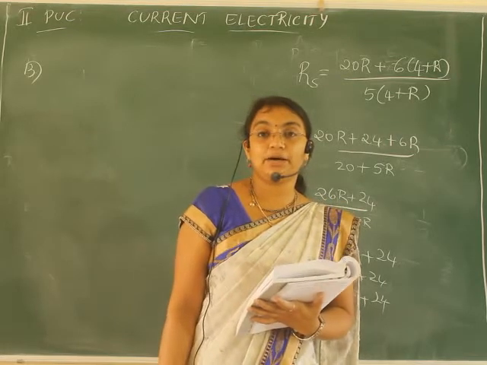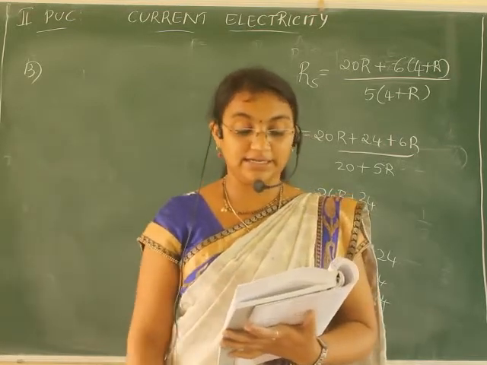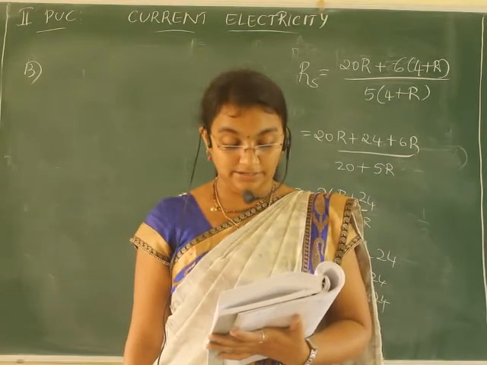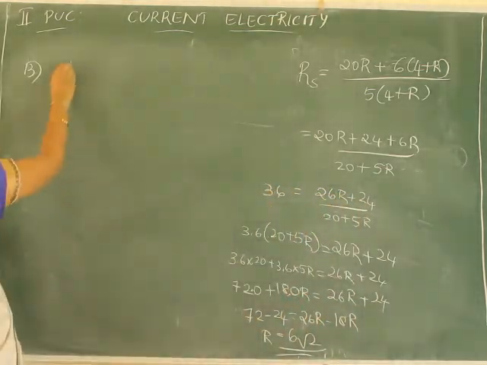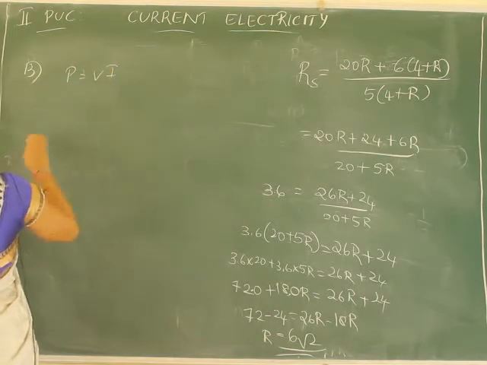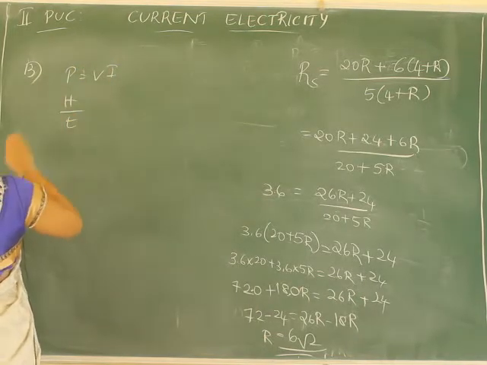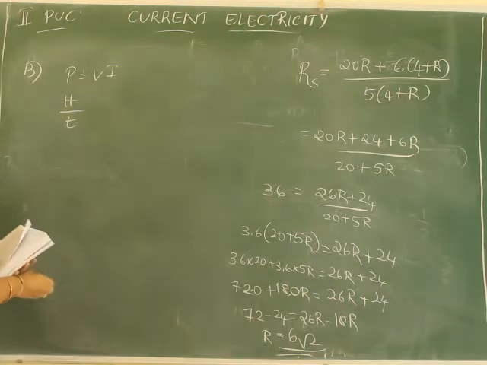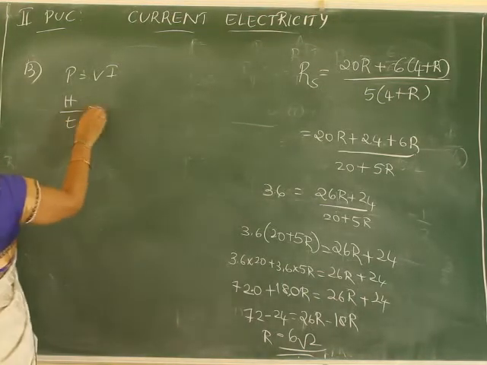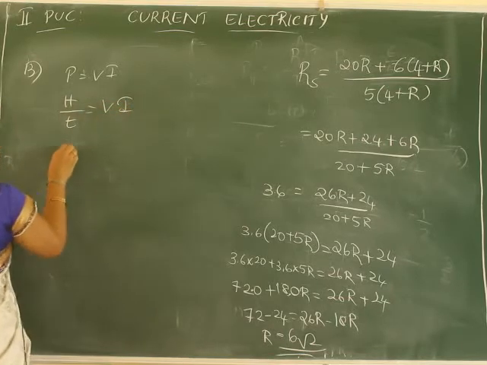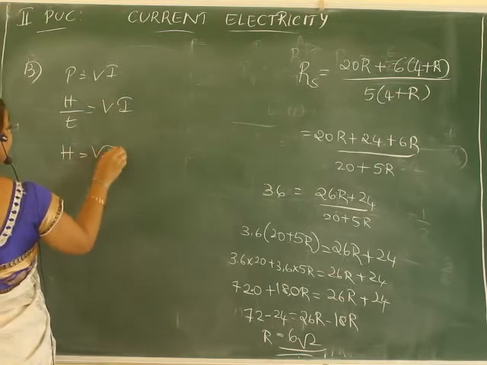Here work is nothing but heat developed in the time interval T. I know that P is equal to VI, but I can write H by T is equal to power, VI. So H is equal to VIT.